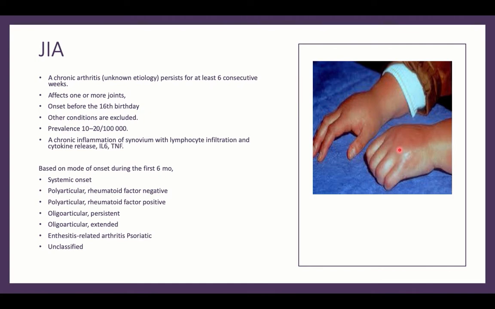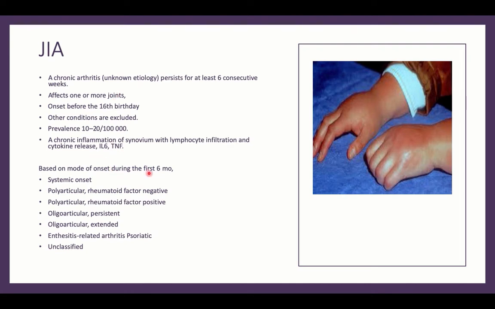It differs from arthralgia, which is just pain in the joint without any of these signs. Very important to be at least 6 consecutive weeks, with the onset being before the 16th birthday.